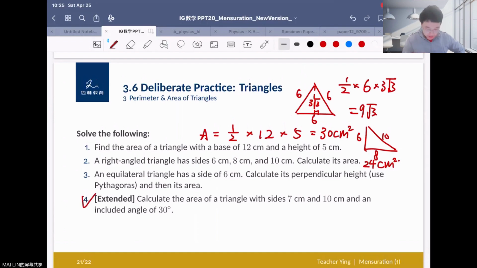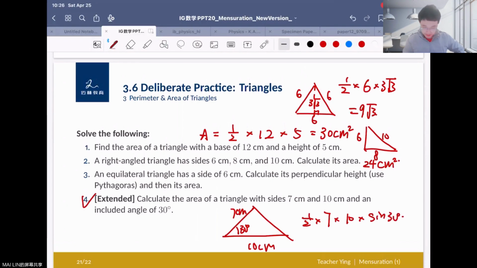For the fourth problem, calculate the area of the triangle with sides 7 centimeters and 10 centimeters and an included angle of 30 degrees. Here the sides are 7 centimeters and 10 centimeters, so the area equals half times one side times the other side, times sine 30 degrees.